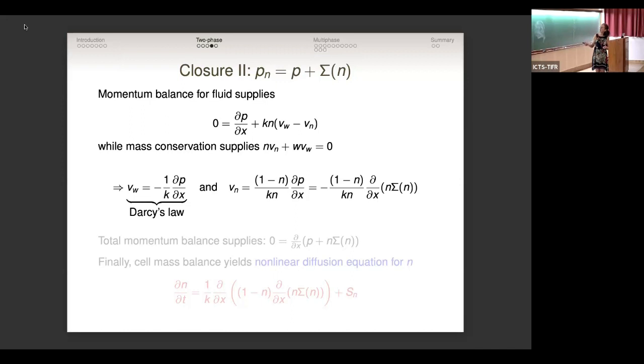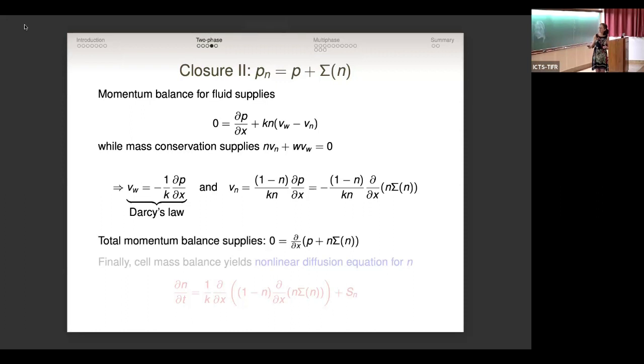If you use the momentum balance for the cell phase, again sparing you the algebra, you can arrive at this expression for Vn in terms of n, okay? So effectively what we've done is we've been able to eliminate P, W we know is 1 minus n, and we can eliminate Vw from here, and we arrive at an expression for Vn in terms of n alone.